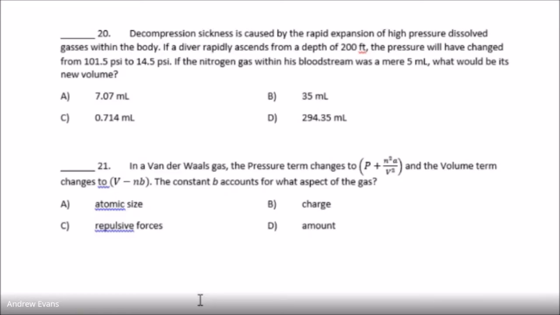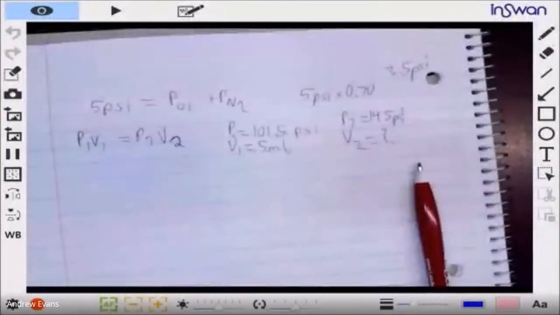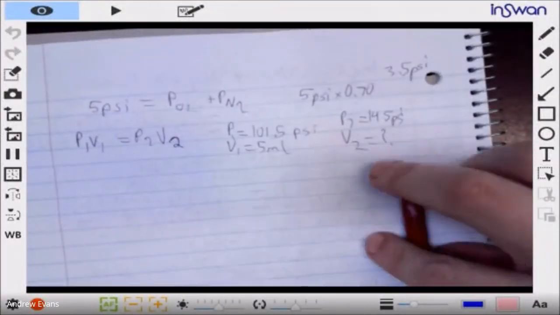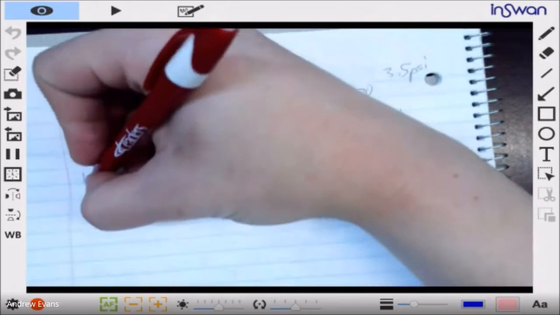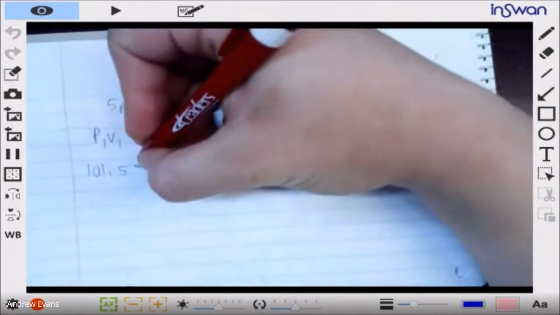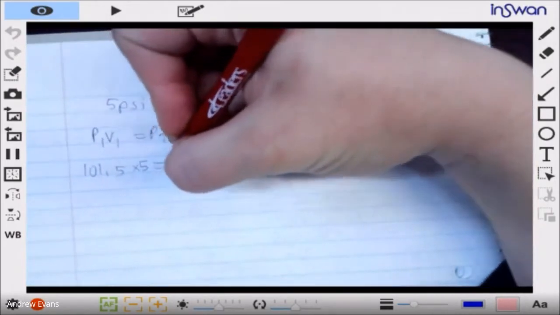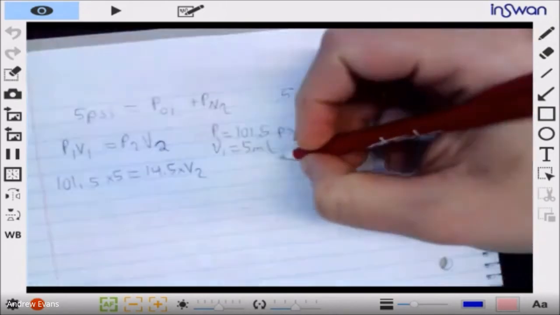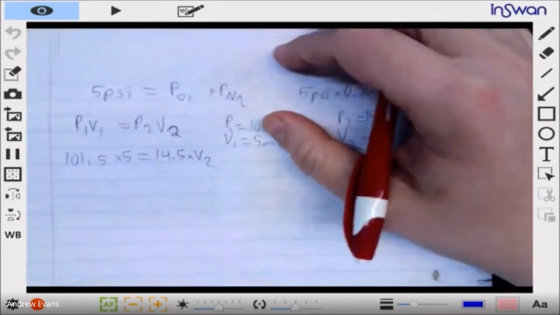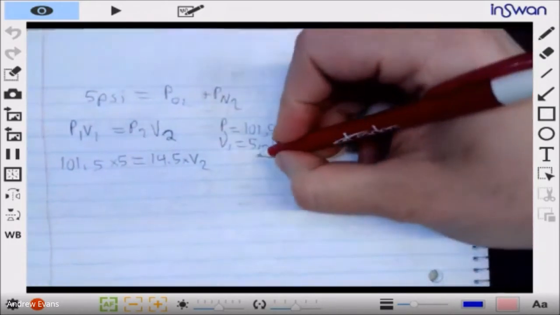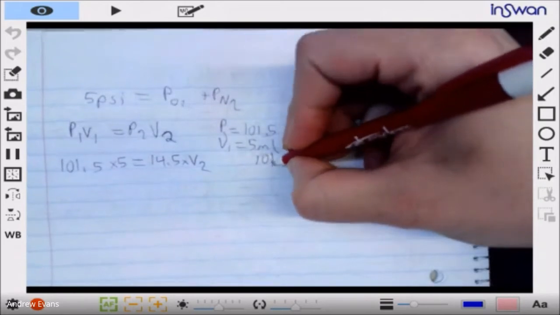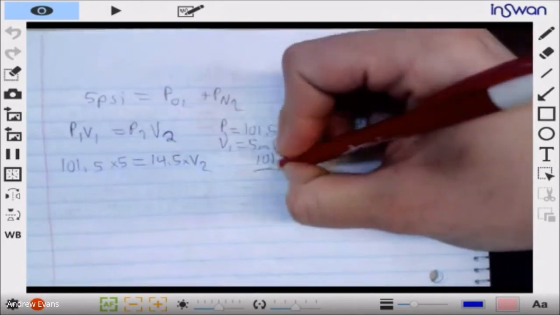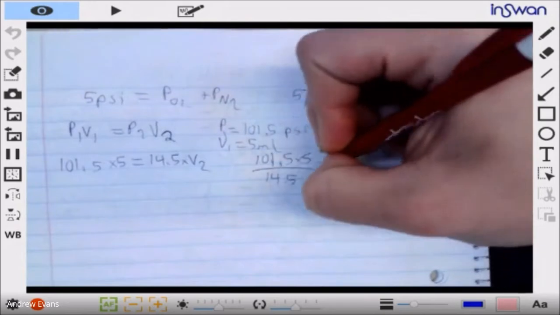So V2 is going to be what? I want you to set this up. 101.5 times 5 equals 14.5 times V2. So what do we got to do? We got to divide both sides by 14.5. 101.5 times 5 over 14.5 is all going to be V2.